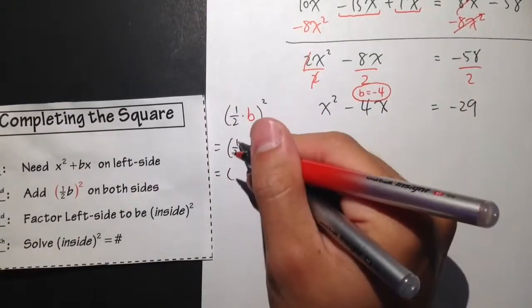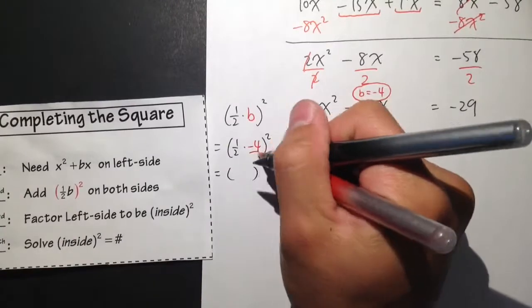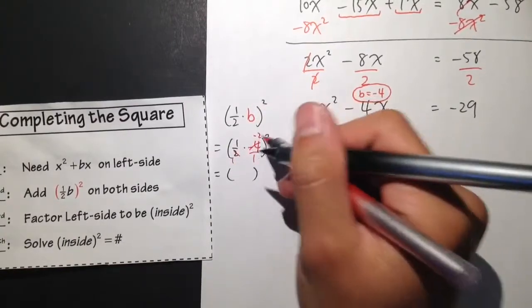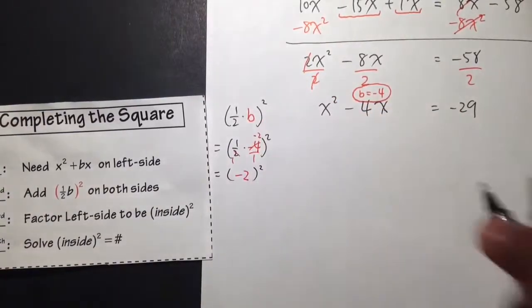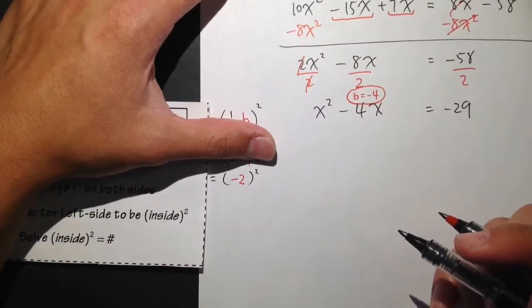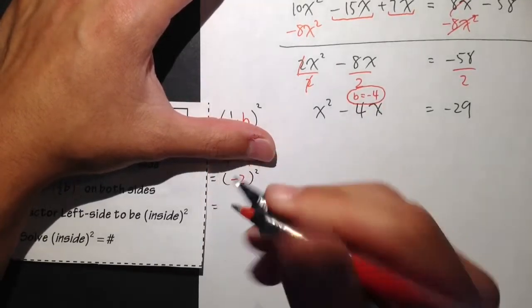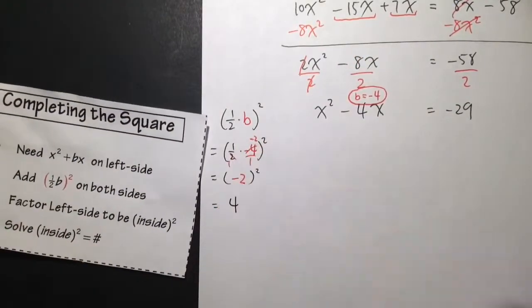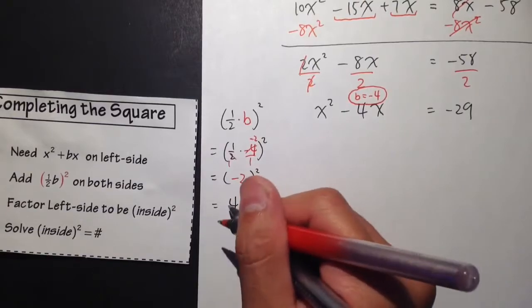Inside, 1/2 times negative 4, you can write this as negative 4 over 1, and cancel this with that. So you get negative 2 inside, square. And negative 2 squared is just negative 2 times negative 2. We get positive 4. And you should always end up with a positive number here.